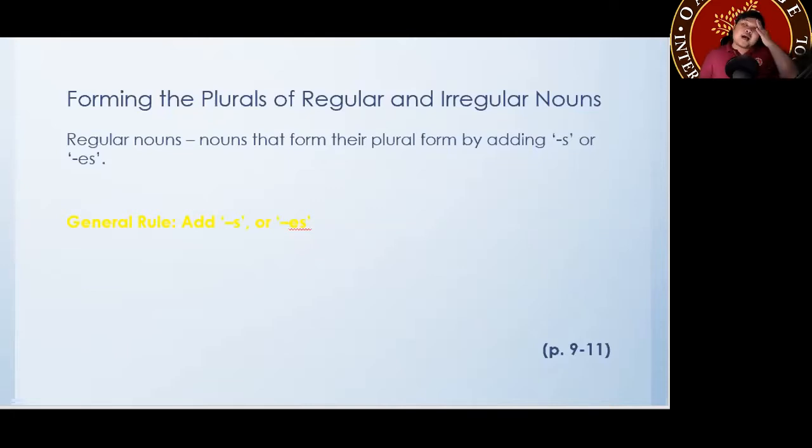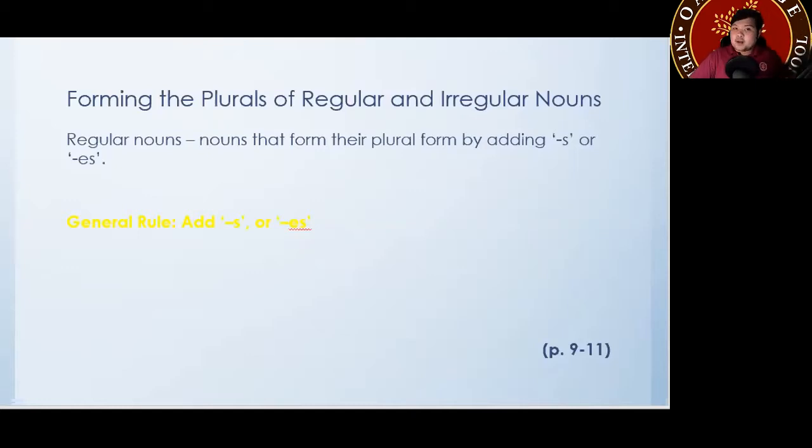A general rule cannot be applied to everything, but if you do apply it to everything, people will still understand you. Also, it's the rule that most of these things follow: add s or es. That's what I mean by general rule.